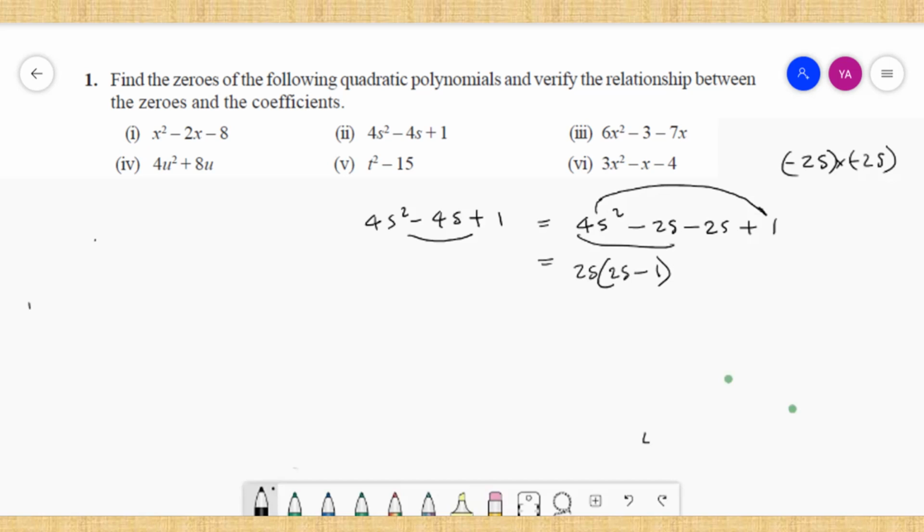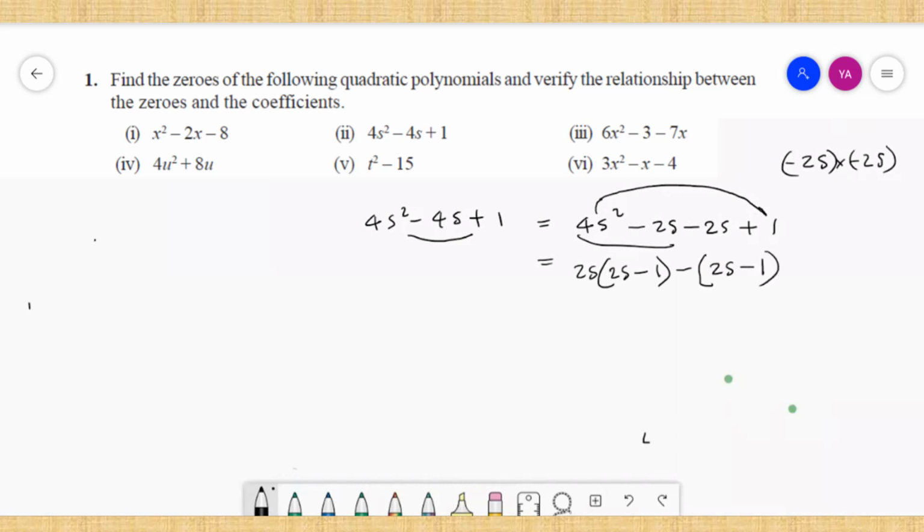To do that, take the negative sign outside the bracket: taking minus from 2s makes it positive 2s, and from plus 1 it becomes minus 1.